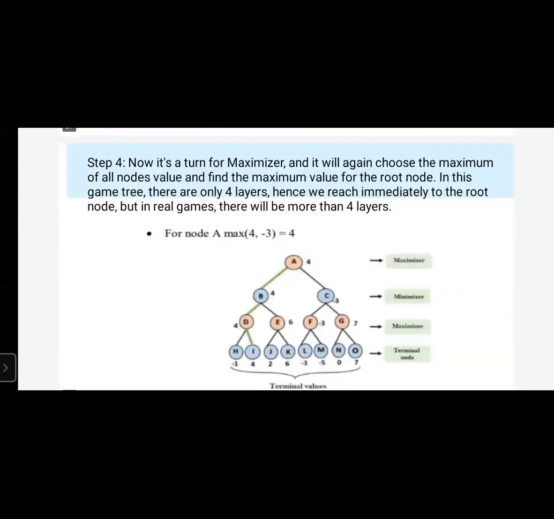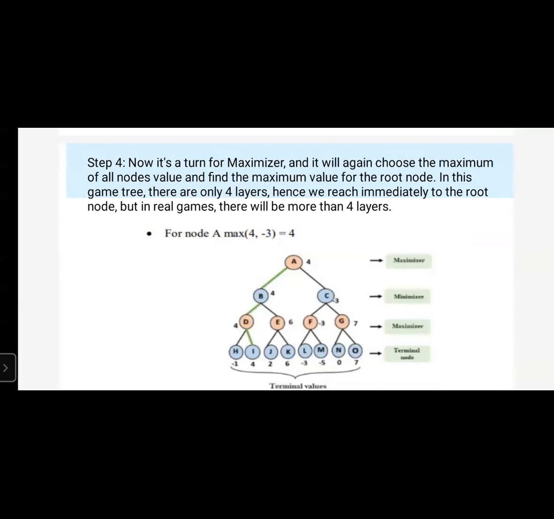Now consider the maximizer here. The maximizer will select the maximum value. Out of the maximum of all the nodes, it finds the maximum value for the root node.